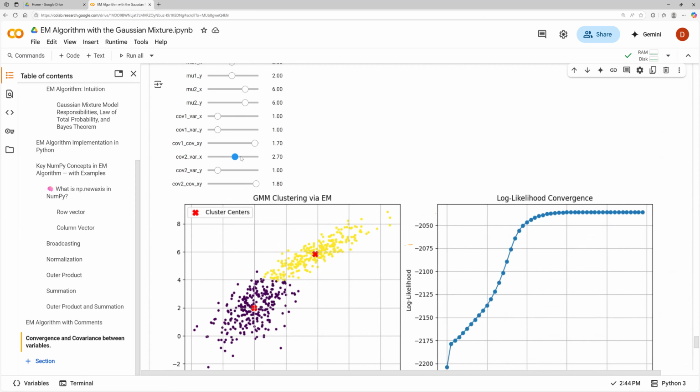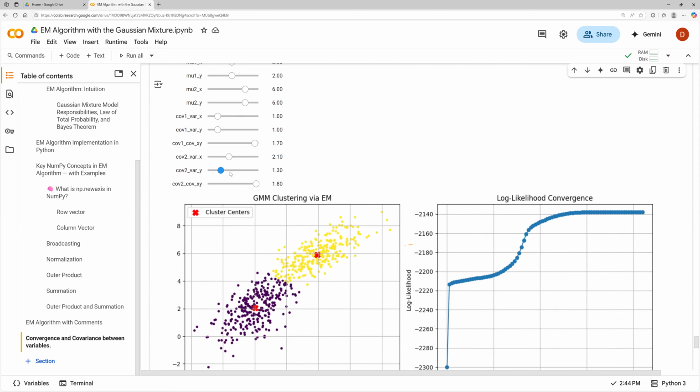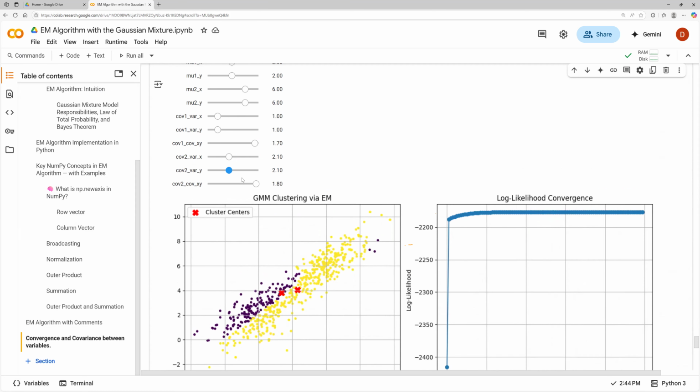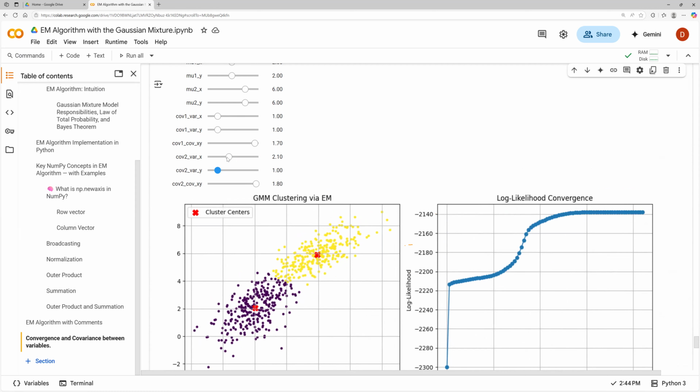And if we were to increase the variance, things would change. Let's just keep this to 1 just to show you.